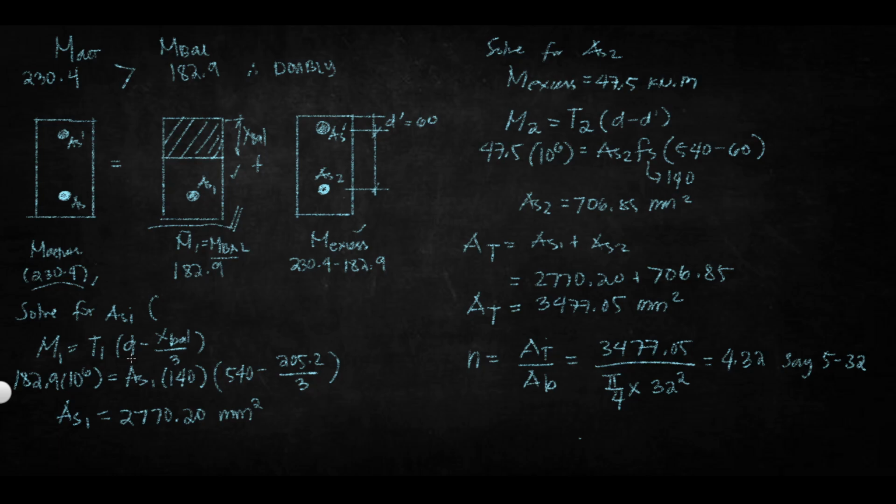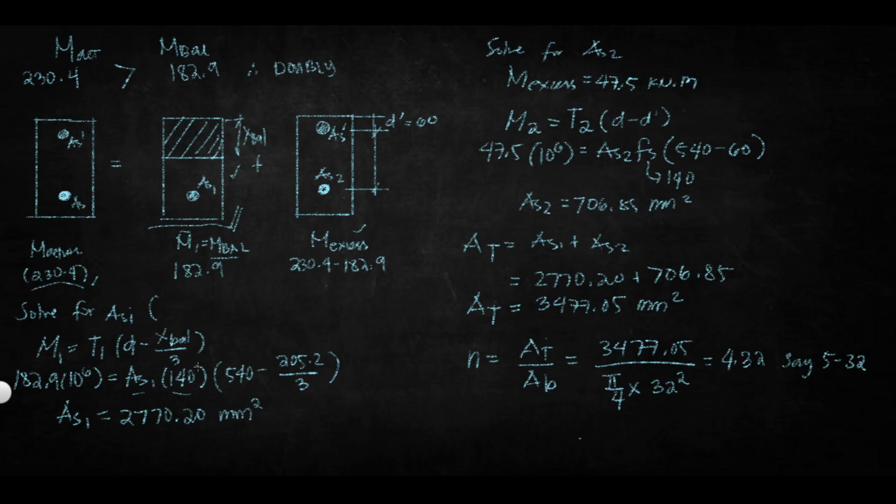The area here is AS1, and our stress is the Fs. So, yung allowable stress is 140. Kaya 140 po nilagay natin sa steel stress. Okay, so times natin ng D, which is 540, minus X balance. So, yung X balance, na-solve po natin kanina yan. 205.2 all over 3.